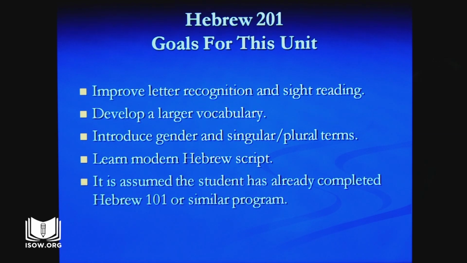As I said earlier, we're making the assumption that you've already completed Hebrew 101 or a similar program that teaches you the Hebrew letters, the nukud, the vowel points, and all these kinds of things. So here are our very basic and simple objectives, and it is our hope that by the time you complete this course, you're going to have a very firm foundation on which to build your understanding of Hebrew and take it further.